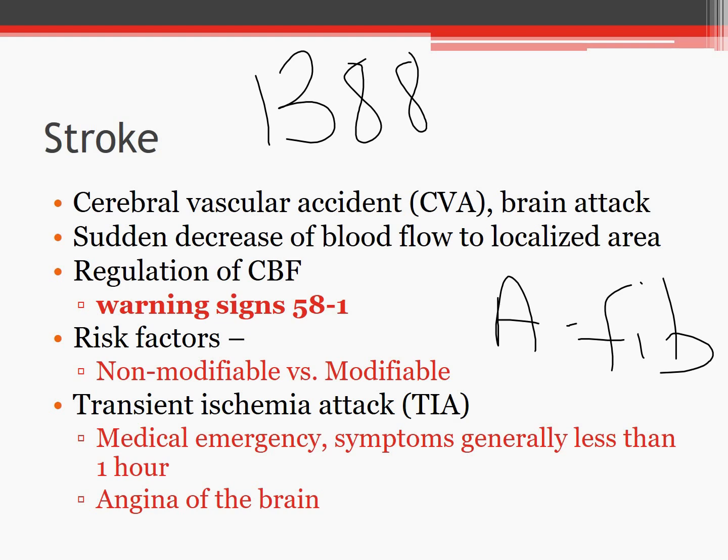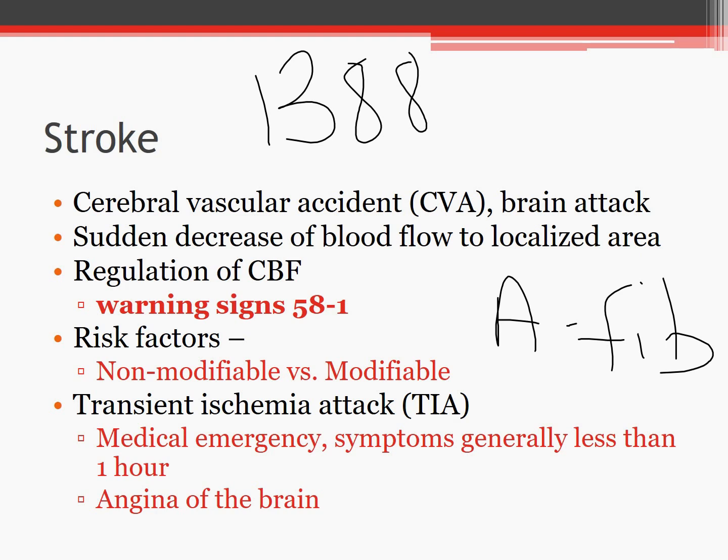We also know that we need to ask people to control their serum cholesterol, to stop smoking, of course, drink alcohol in moderation, and work on sedentary lifestyles and abdominal obesity. We know that some individuals will have what we call a TIA, which is a transient ischemic attack.